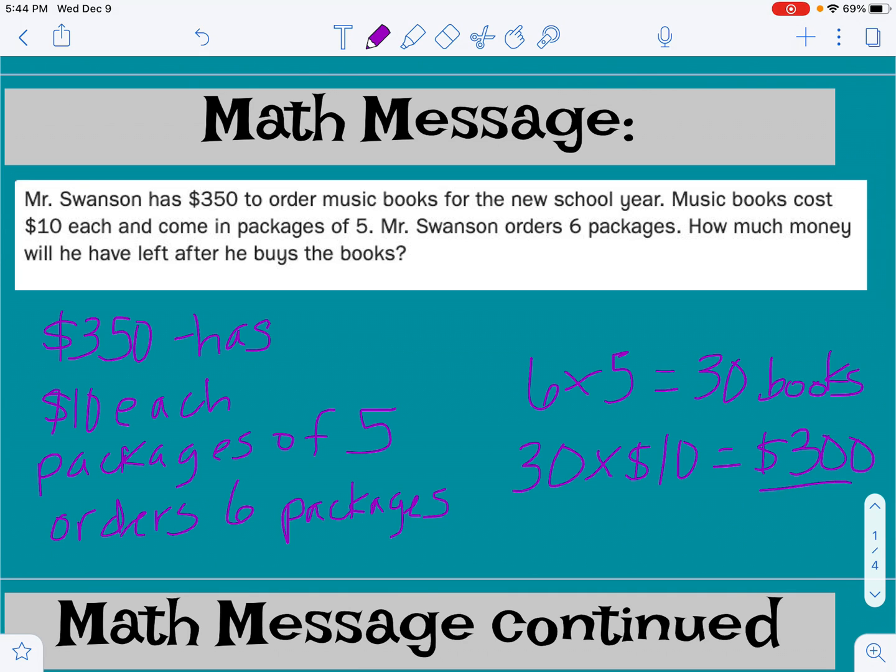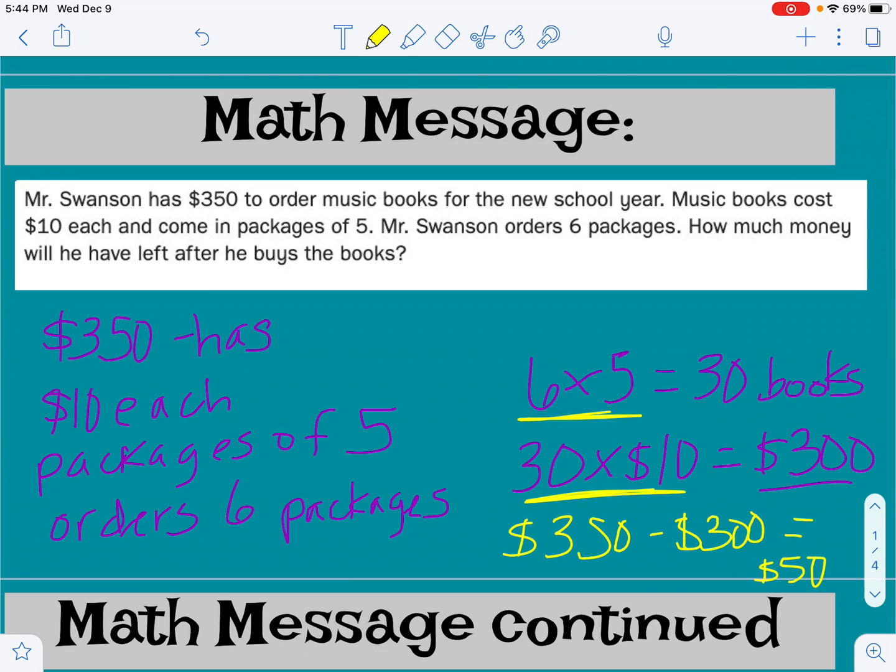We still got $300 is how much he spent. And with our final step being that we take the $350, subtract the $300 he spent, there's still $50 left over. Either way, I'm able to write out the number models that I'm using to solve and be able to get my final answer.